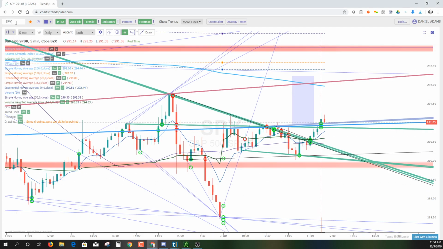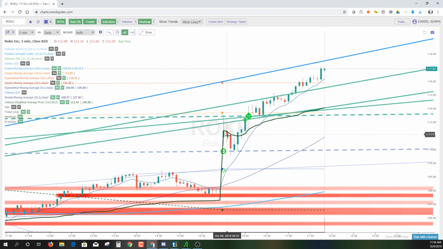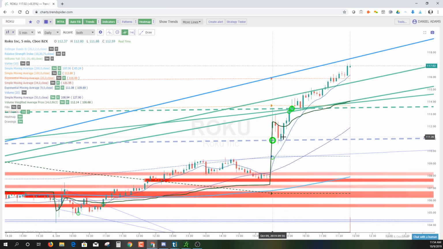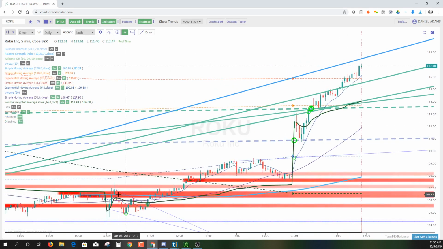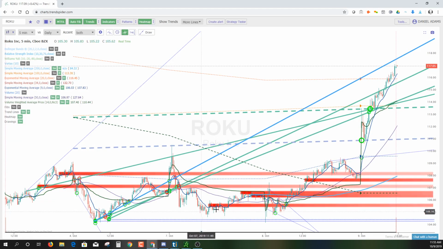Roku was really the beast of the day. I actually tried to go against the grain on this one. I was looking for this trend line to break down. It did not. I shorted kind of the high of day and had to end up stopping out on that. The move was clearly going the other way, but there was a bull trap here earlier in the week, and massive fail, bear flag, pullback.